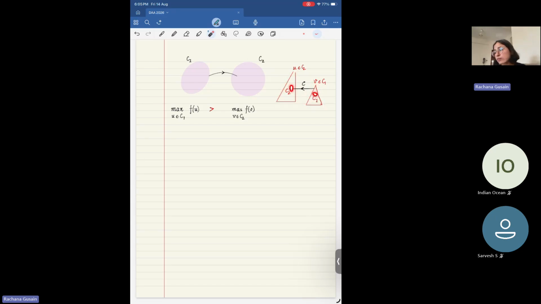You pick any pair of nodes in these two trees, this node will have a smaller finish time than this. That is true. But if you do it starting from C1, then it need not be the case. So all we can say is that this will always be true.